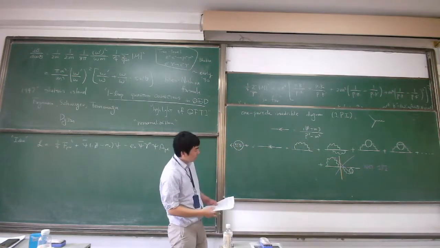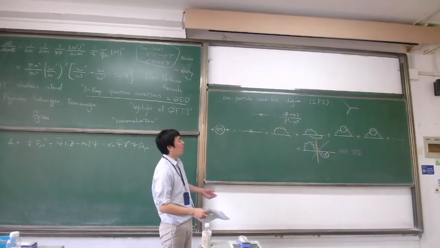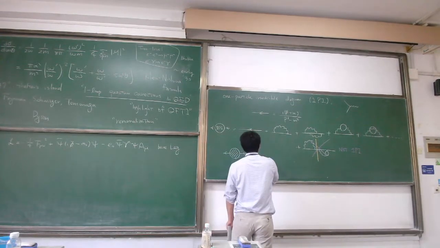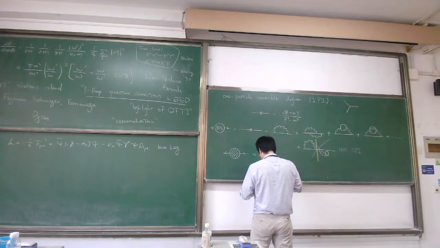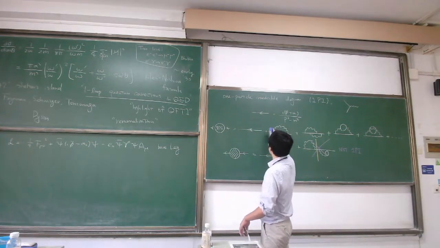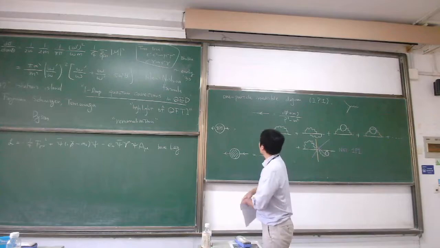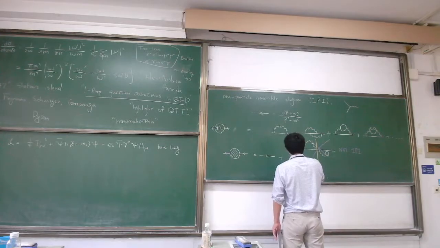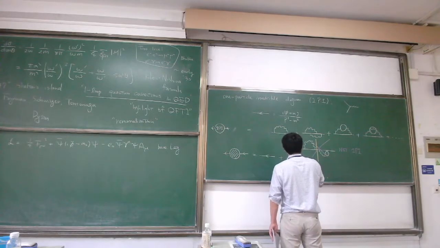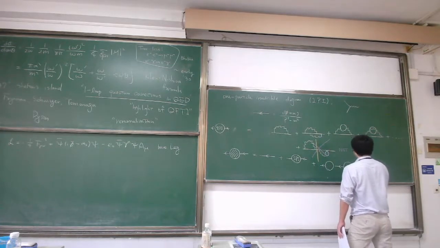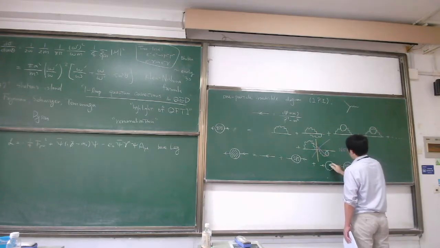Therefore, all the quantum correction is essentially the sum over all possible one-particle irreducible diagrams. The quantum correction to the propagator is this guy. I'm not going to include the leading order. So this is the 1PI, plus 1PI, plus 1PI, and so on.